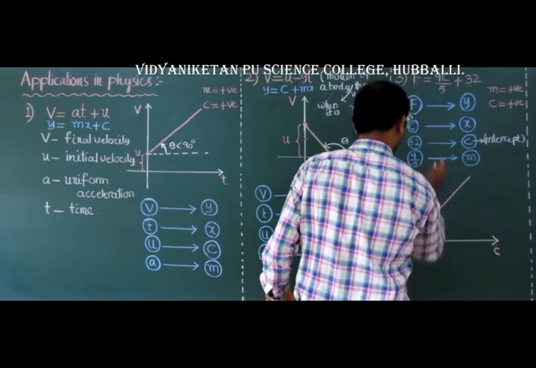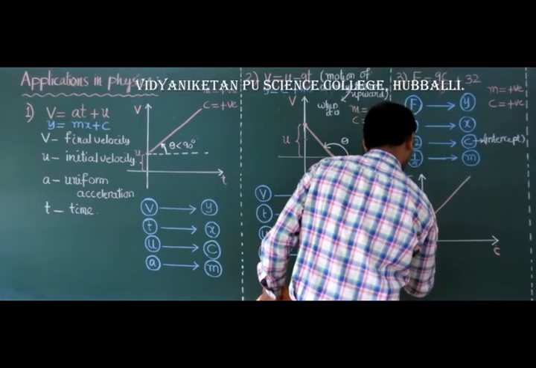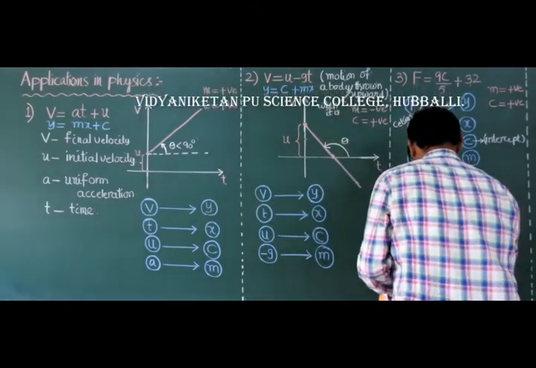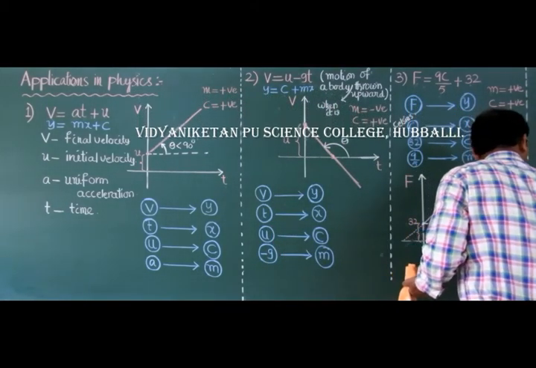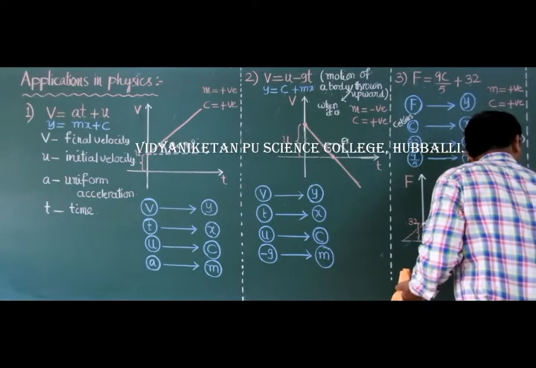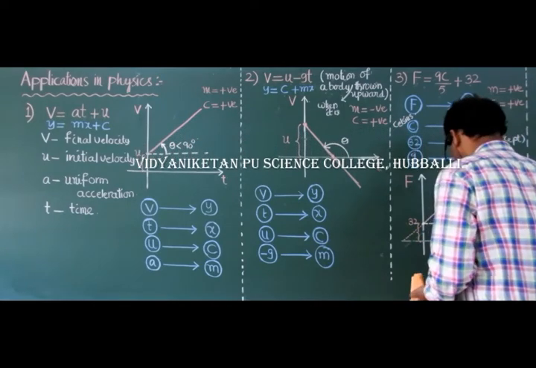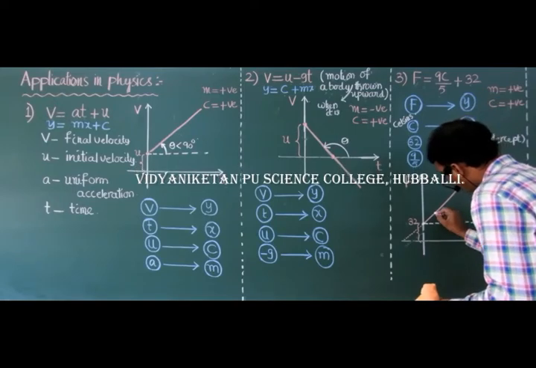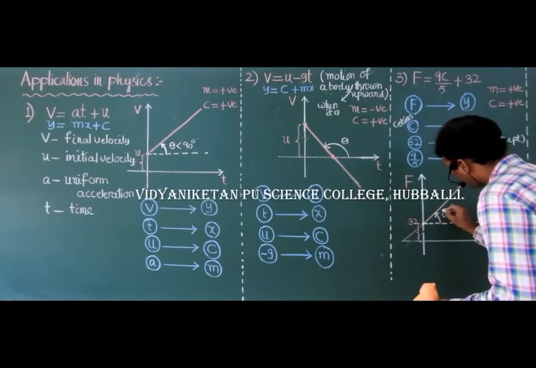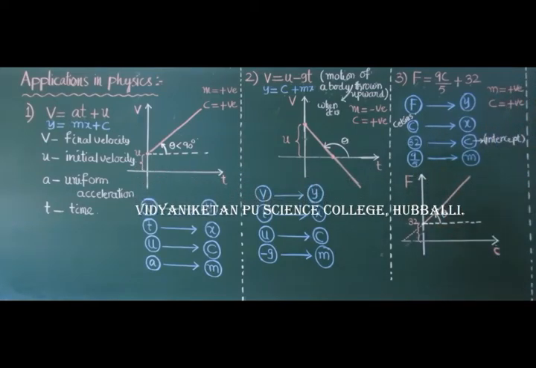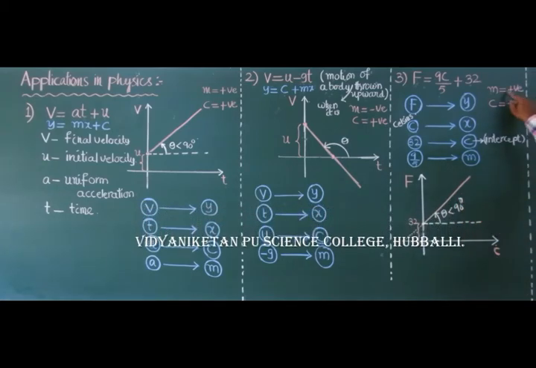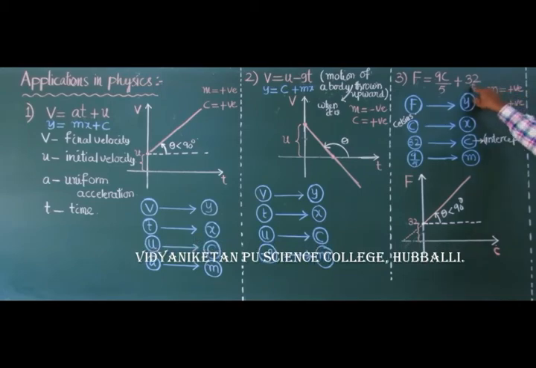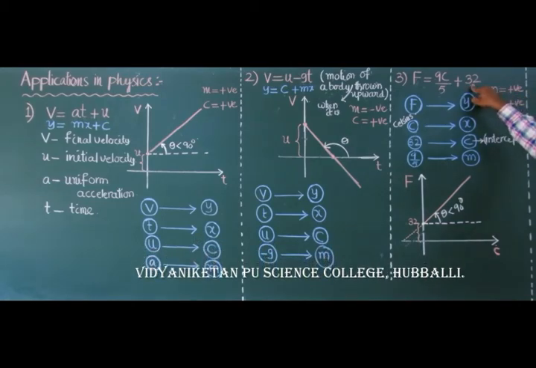How much is the intercept? 32. Then draw a line parallel to the x-axis and consider theta. Here theta is less than 90, so the slope is positive. The intercept is also positive.